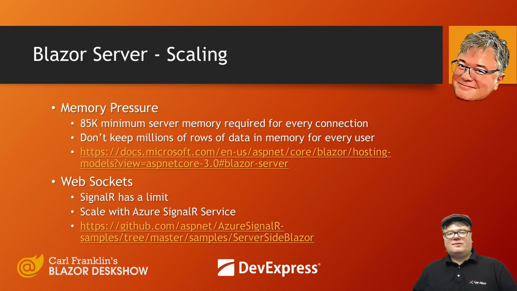Also, WebSockets are a critical resource that you have to be careful of depleting. And the number that you have is based on memory and CPU. So if you want to, you can move that SignalR out of the server that is hosting your Blazor server app and use Azure SignalR service.